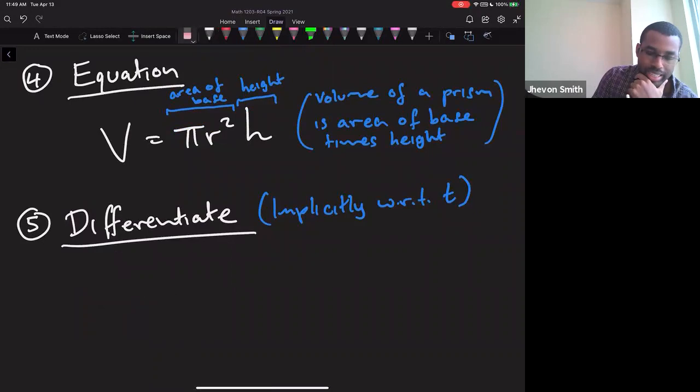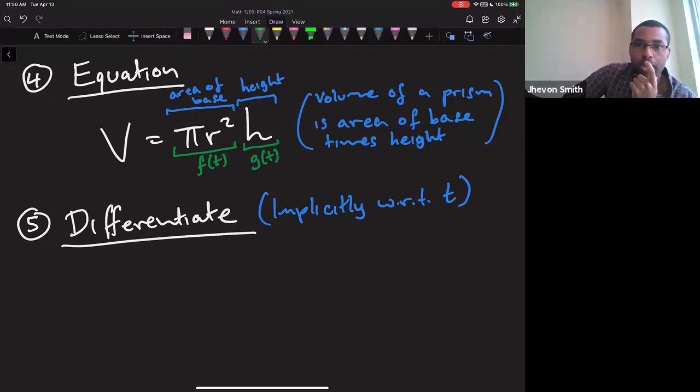You really want to think of that. The t is the independent variable. Every other variable is considered a function of t, right? So this is some function of t. This is some function of t, right? That's what it means that t is the independent variable. Every other variable depends on t.